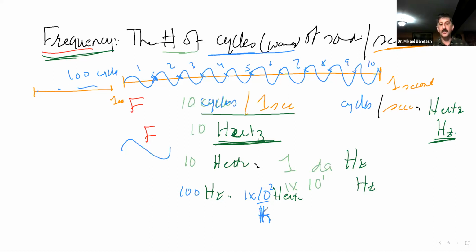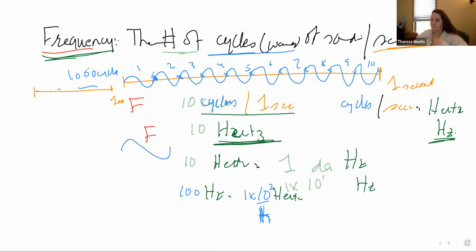Now, you're probably not going to hear things such as hectohertz and decahertz, but more likely in the thousands. So if in 1 second we had a total of, let's say, 1,000 cycles. Do you guys mind if I go to another slide and make it a little clearer here?